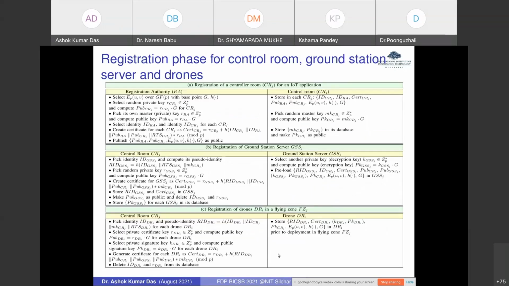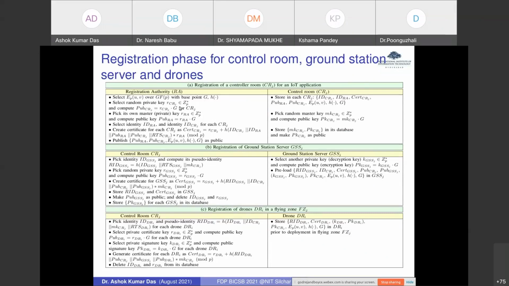Now let us look briefly at the registration mechanisms for control room, ground station server, and drones. First of all, the registration authority will pick, for example, elliptic curve parameters, base point, and one-way hash functions.